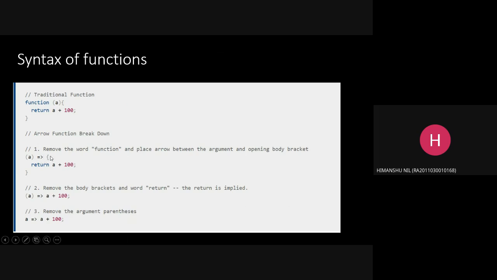Similarly, we can then remove the curly braces, and we can remove the parentheses as well. So these are four ways to write a function in JavaScript. I will show you. Some of them are very useful, and we use them more often.